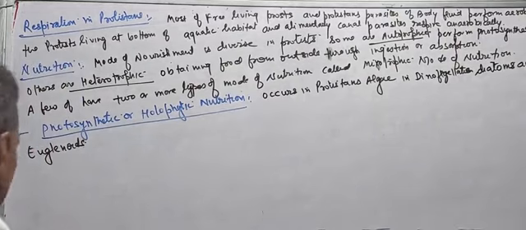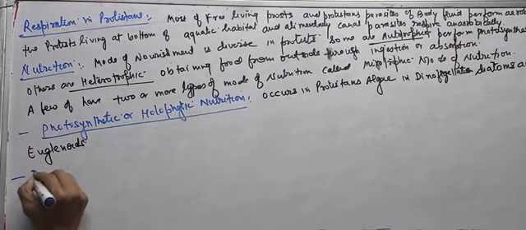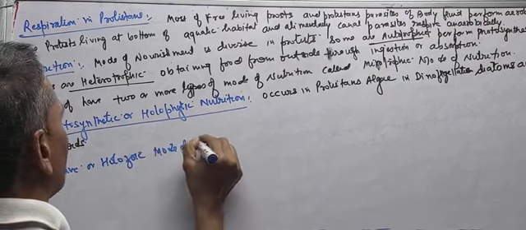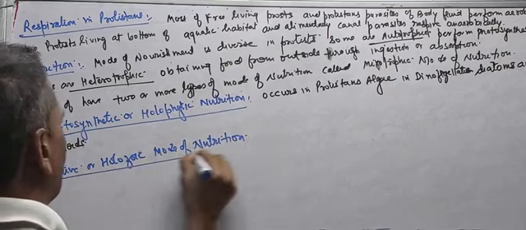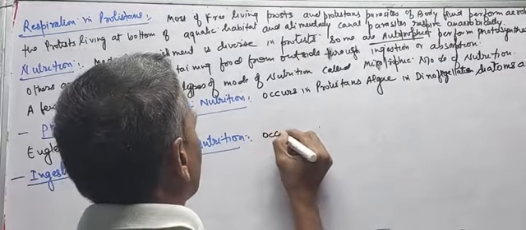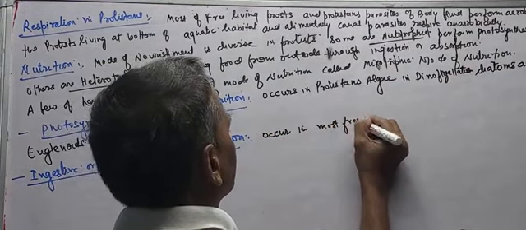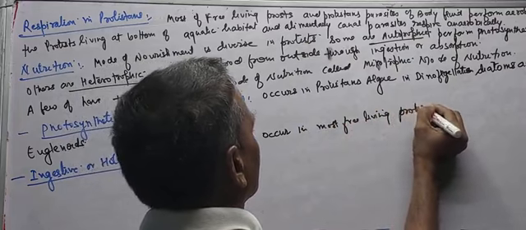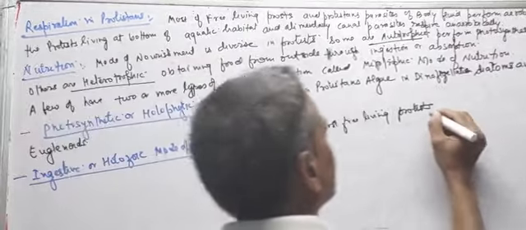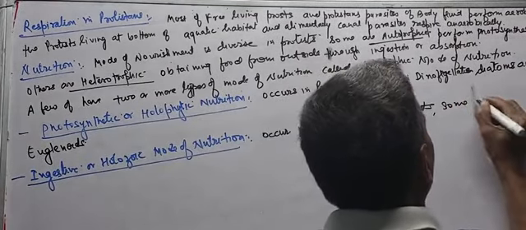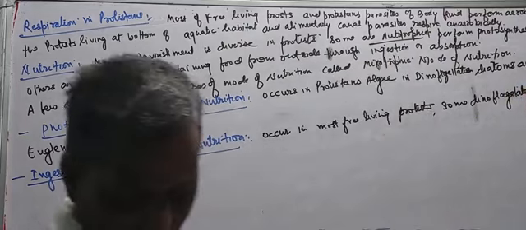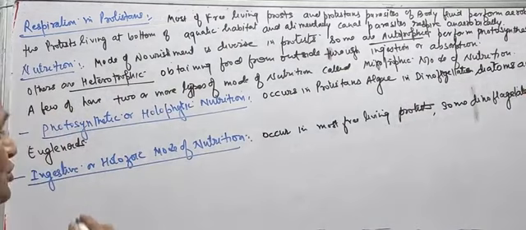Ingestive or holozoic mode of nutrition occurs in most free living protozoan protists, some dinoflagellates, and a few euglenoids.